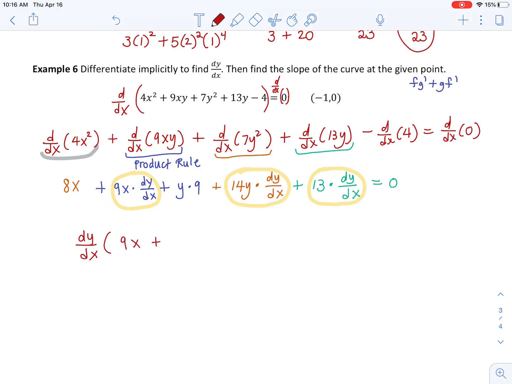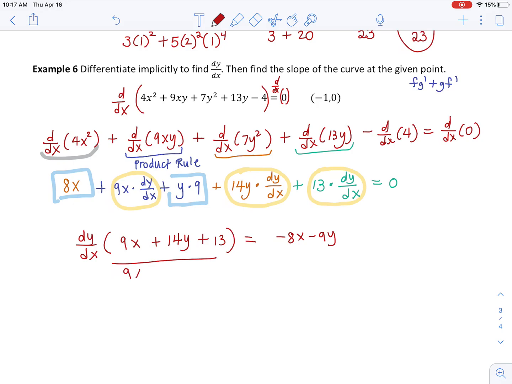Yeah, why not? dy/dx, pull it out. And inside the parentheses, let's write down 9x plus 14y plus 13, close the parentheses and set it equal to, and the terms that were not chosen have to go to the other side.